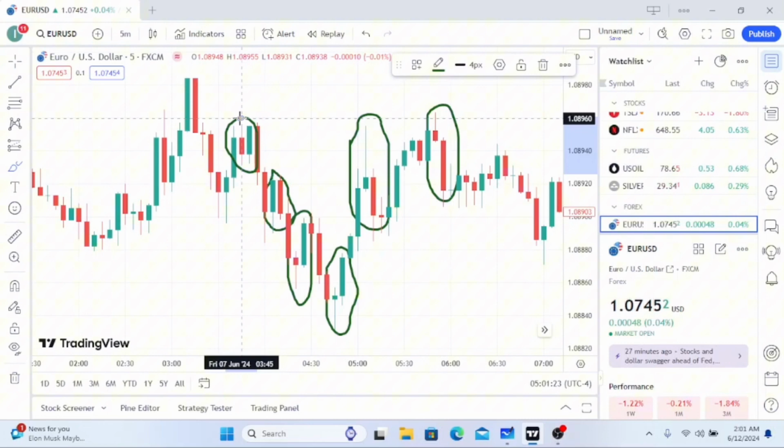Like I say, some of these candlesticks are effective in downtrends and some are effective in uptrends. They have specific places where they can be highly effective. This right here is a tweezer bottom.